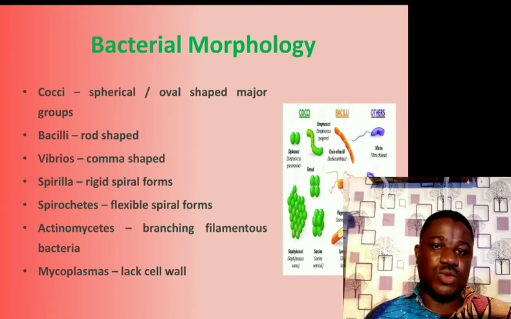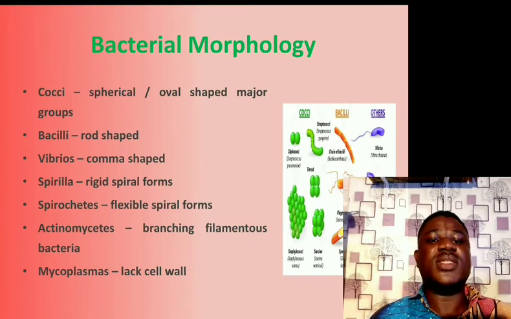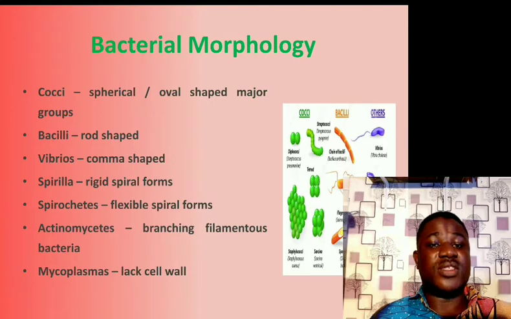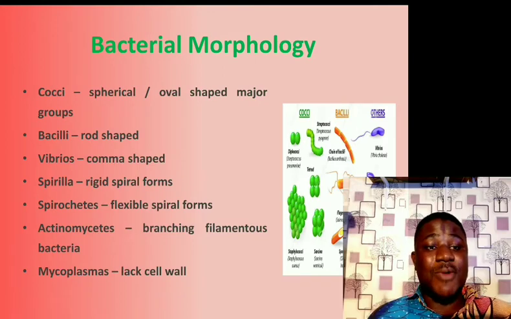Bacilli, like I've told you, have a rod-like shape. Vibrios are shaped like commas. Spirilla have rigid spiral forms. And note the difference between the spirilla and the spirochetes. The spirochetes, even though they also have spiral forms, are quite flexible.